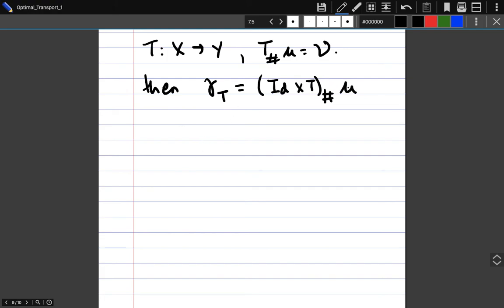So you take mu, and then you take this map, which is identity cross T. So identity cross T is a map that takes a value in X and gives me a value in the product space.